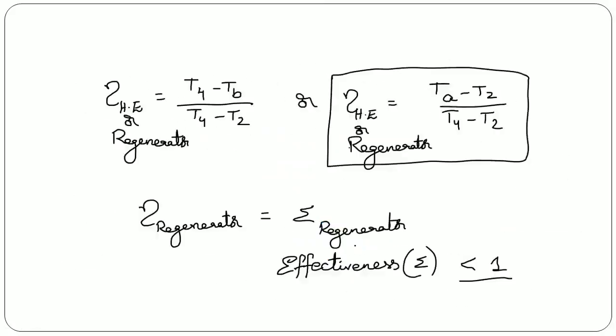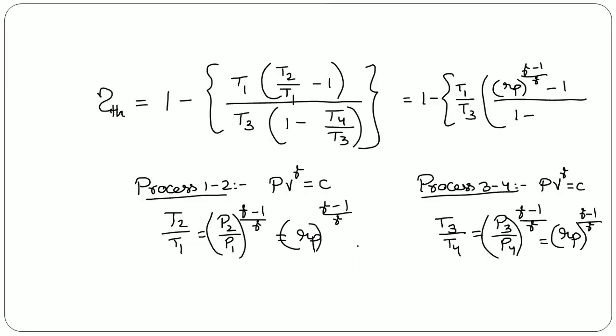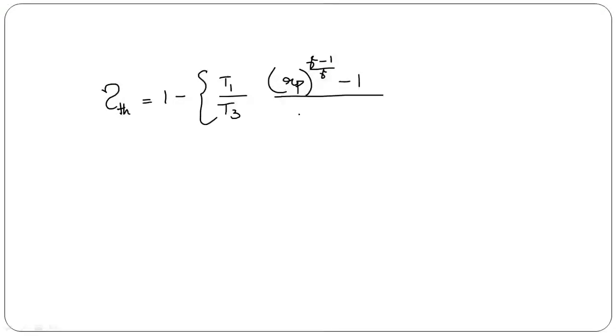Now by using this particular case, we can write this as 1 minus 1 by Rp to the power gamma minus 1 by gamma. So this is how we have written. Observe this carefully. The thermal efficiency can be written as 1 minus minimum temperature by maximum temperature into Rp to the power gamma minus 1 by gamma minus 1 divided by, if we take LCM, Rp to the power gamma minus 1 by gamma minus 1 by Rp to the power gamma minus 1 by gamma.